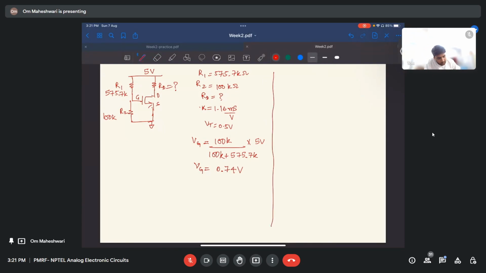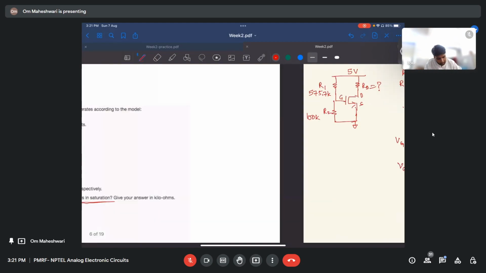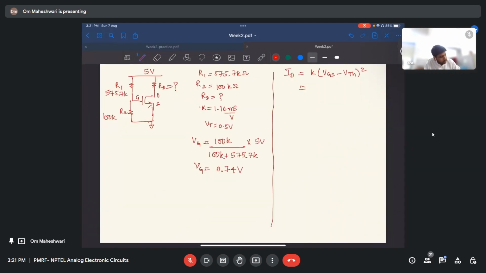Next is ID equals K times (VGS minus VTH) whole square. K is 1.16 millisiemens per volt. VG we know, VS is ground, so VGS is 0.74, VTH is 0.5, whole square.